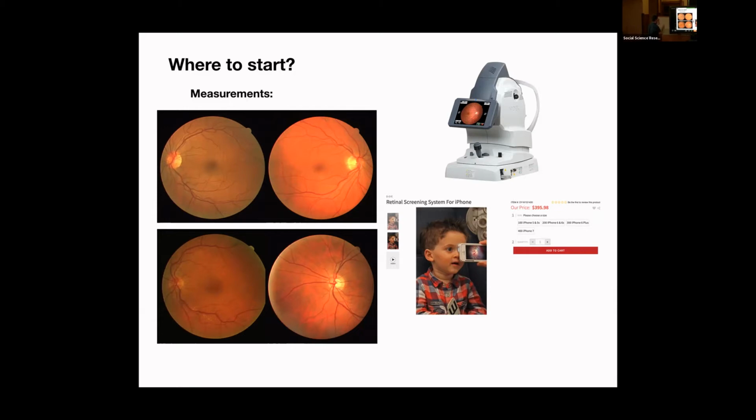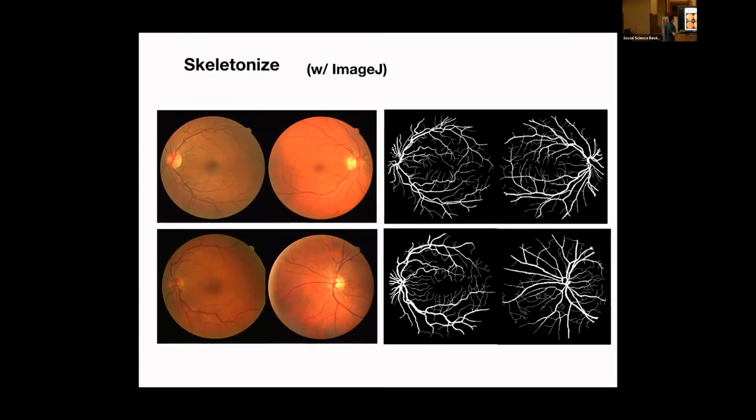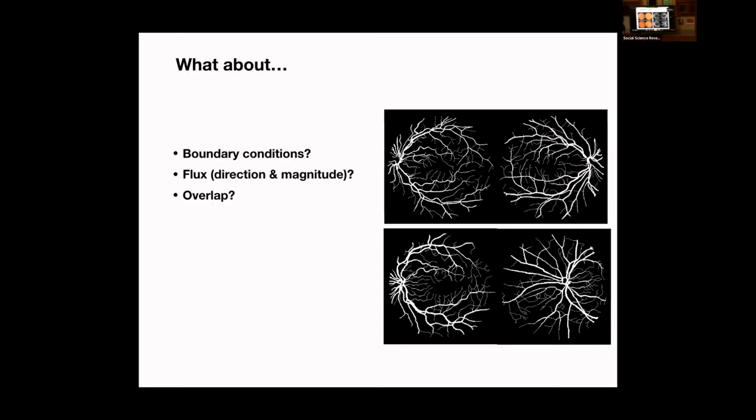Now from those pictures, you need to take out all the information regarding the fluxes and certain elements. Since you're going to work with the images, you need to skeletonize them. You can use ImageJ, and you have that. So you have your blood vessels, basically. But from there, you need to infer a certain number of things like boundary conditions, and flux in terms of direction and magnitude.